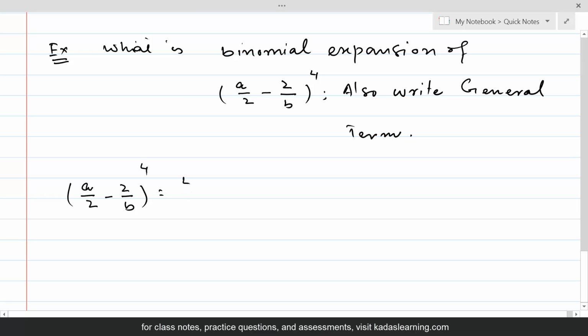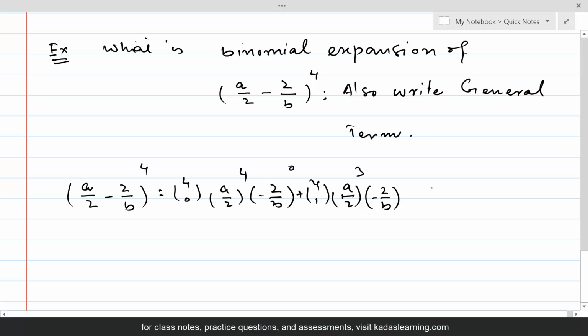4C0 (a/2)^4 into (-2/b)^0 plus 4C1 (a/2)^(4-1), which is 3, into (-2/b)^1 plus 4C2 (a/2)^2 times (-2/b)^2.